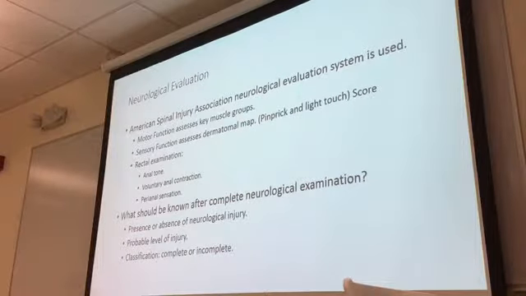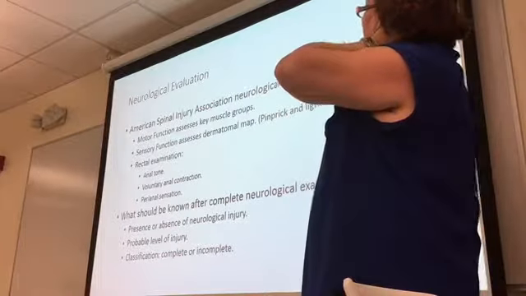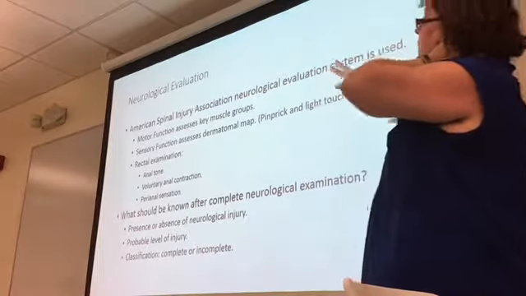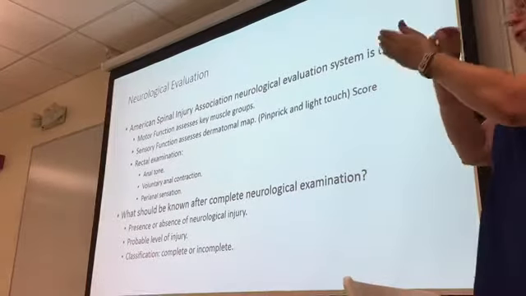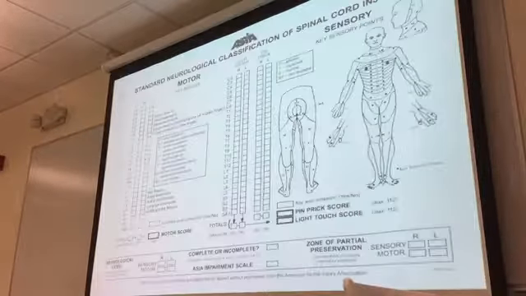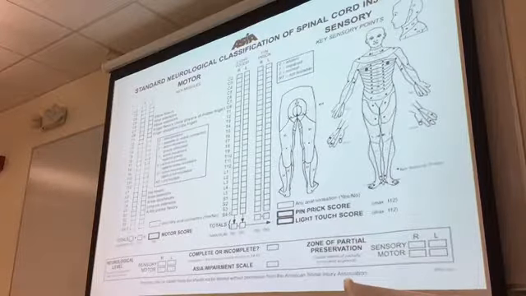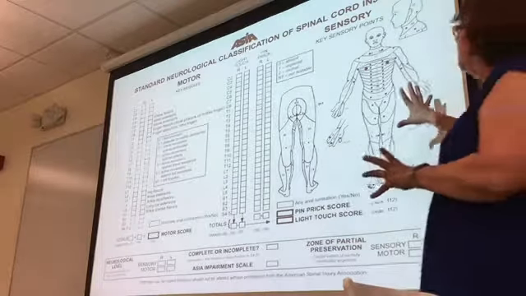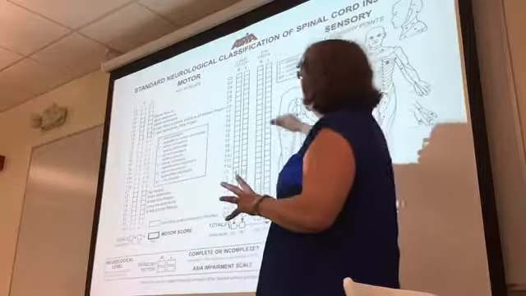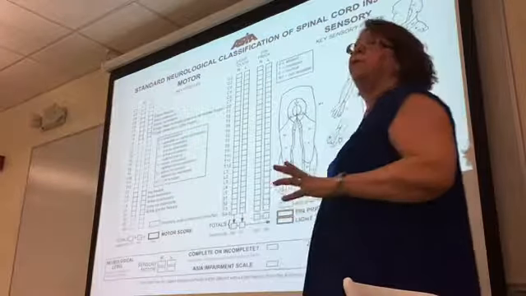All right, so in addition, the neurological exam, the ASIA scale, American Spinal Injury Association neurological scale, this is where we'll do the pinprick. You would not need to know this, but this is literally a chart that every spinal cord injury unit would use to figure out exactly where they have motor and where they have sensory function.